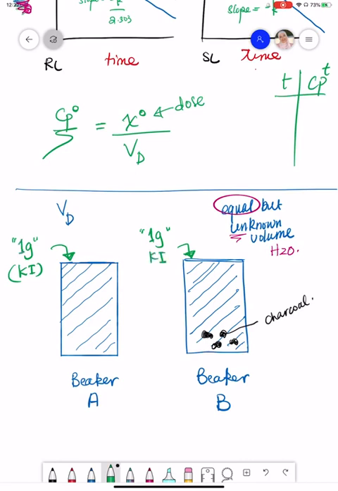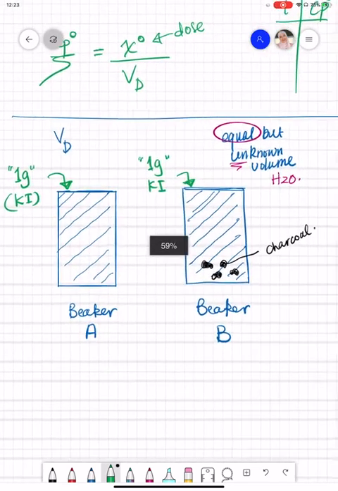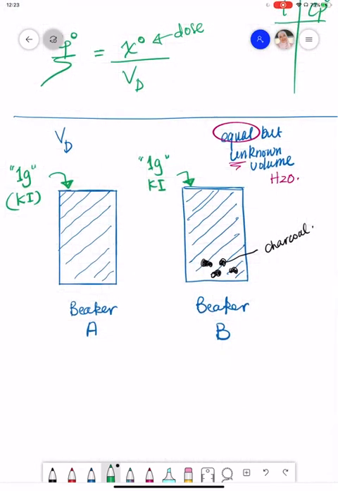In both of them. Then what we did after that, we took a sample from this beaker and a sample from this beaker, okay?